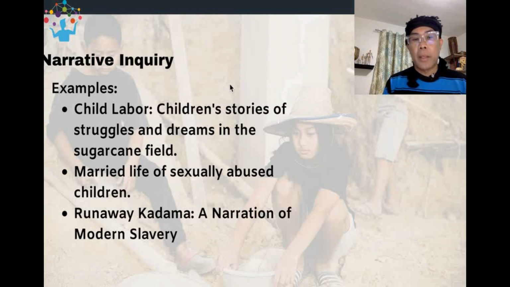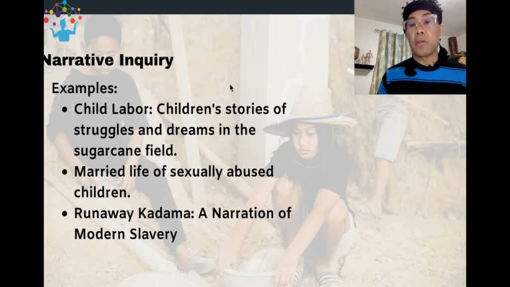I was commissioned by one NGO, a non-government organization in France, to conduct a study on the spirituality of child laborers somewhere in Bacolod and Negros.